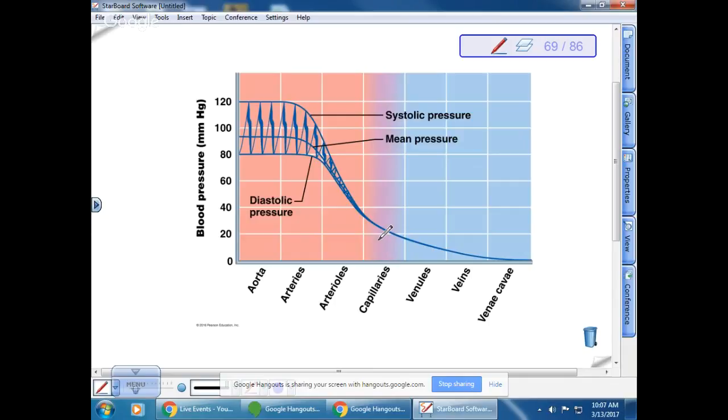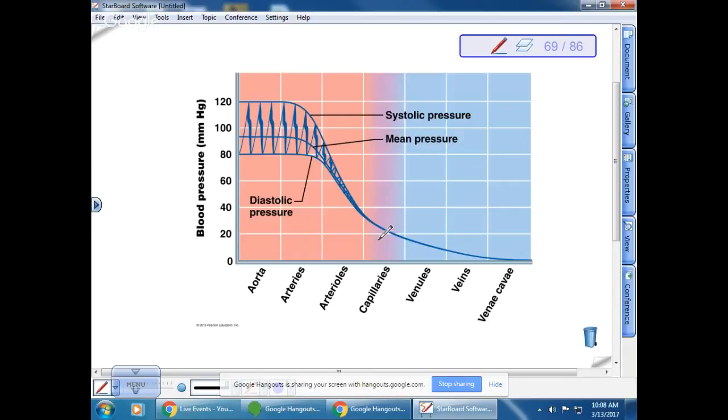And then you'll notice that at capillaries, it's really low too. That actually helps to protect the capillaries from rupturing, because remember that the capillaries have really thin walls. They're essentially just epithelial tissue, simple squamous epithelial tissue. Then when the blood comes back via the veins, it is under very low pressure.